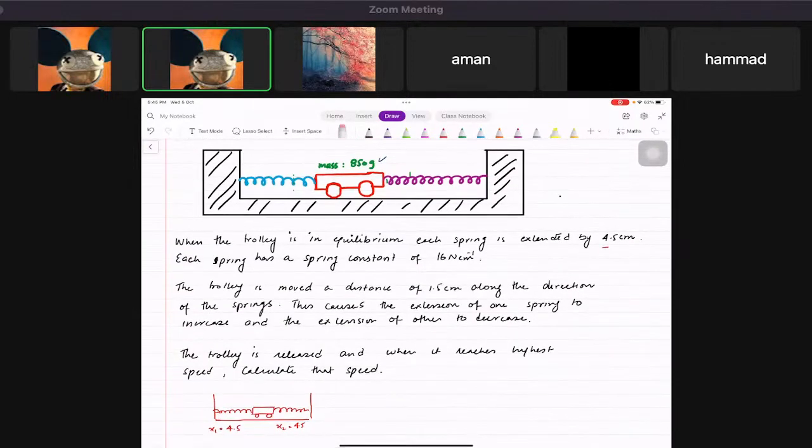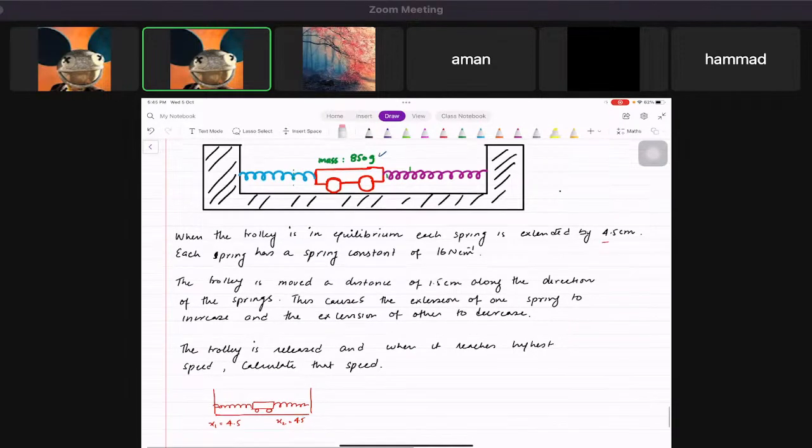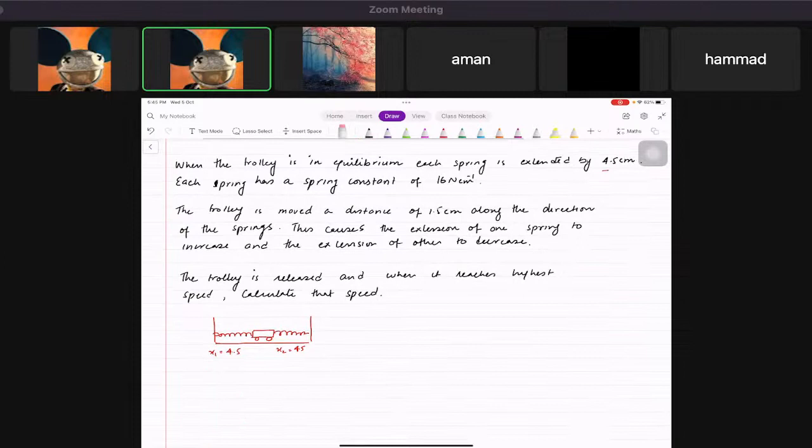Now, suppose it's further extended or moved towards one side, so the trolley moves here, and now one of these is less extended and one is more. Let's move this way.